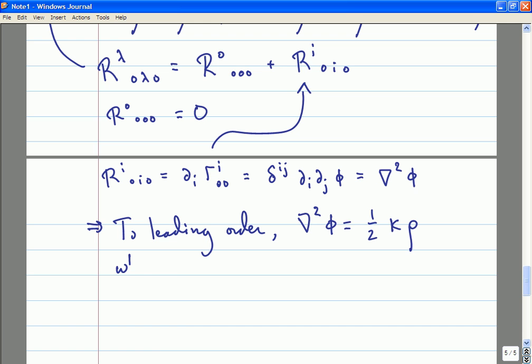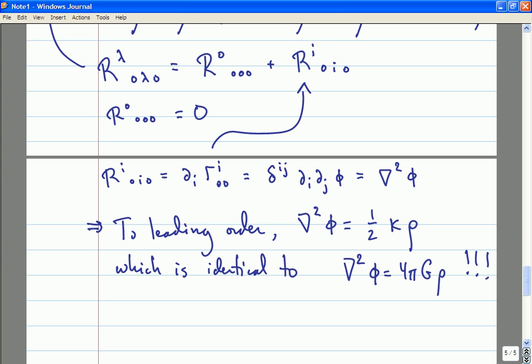Which is identical to the usual equation of motion of Newtonian gravity that you learned in your freshman mechanics class: grad squared phi is 4 pi G rho. And we learn one thing in this equation.